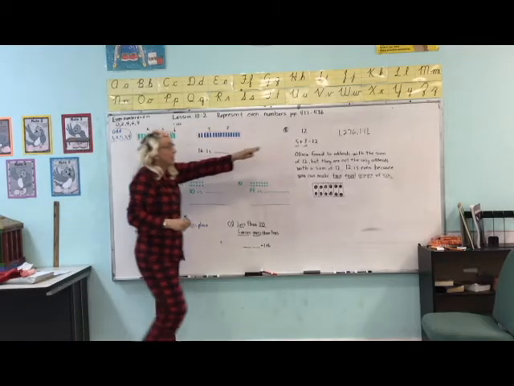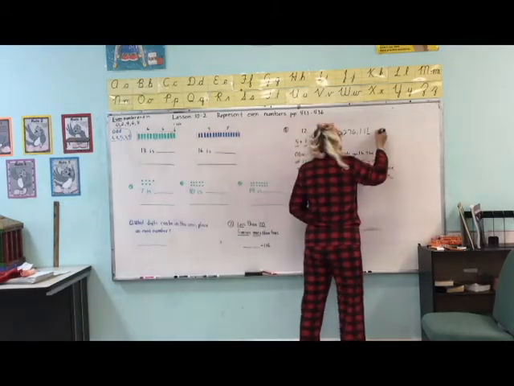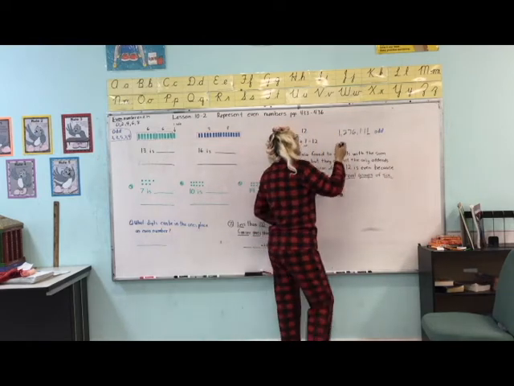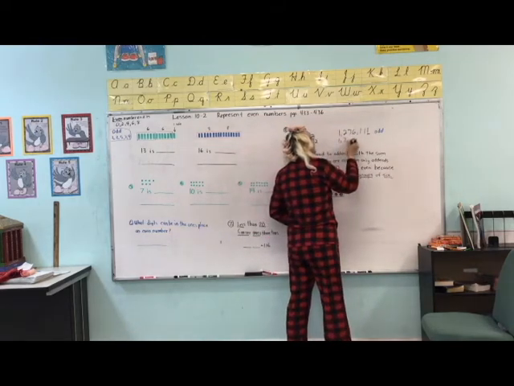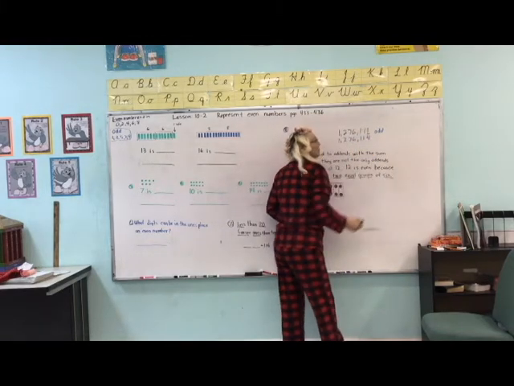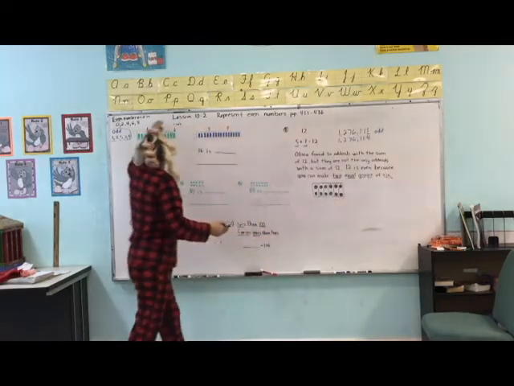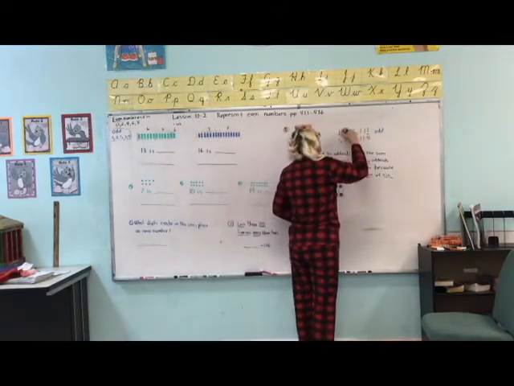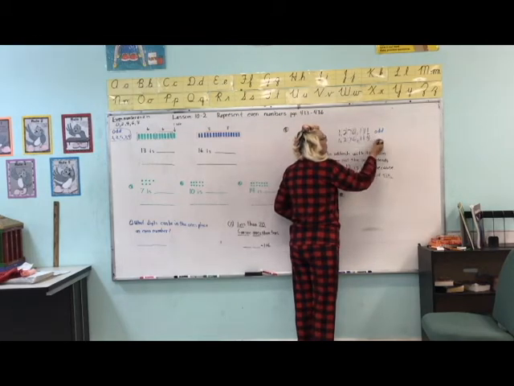So in this case, this would be odd because it ends in a 1. But if we had the same number except it ended in 4, 4 is an even number. So no matter what all these other numbers are, it doesn't matter. All that matters is what this last one is, and that is even.